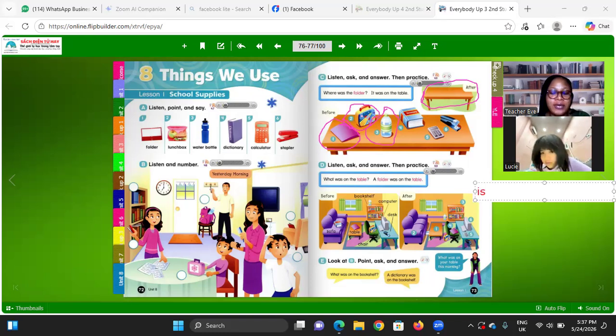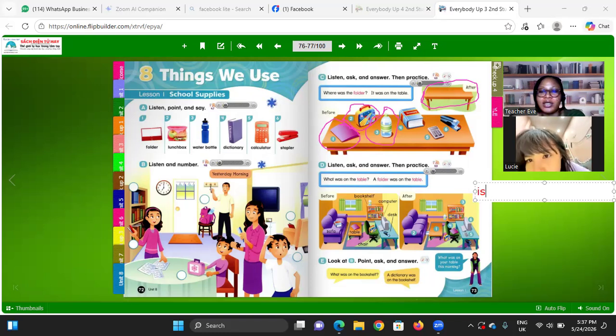For example, let's say this is a pen. Can you look at me, Lucy? Okay, so this is my pen. Now, look at my hand. The pen is on my hand. Is, because it's on my hand now. So you say the pen is.